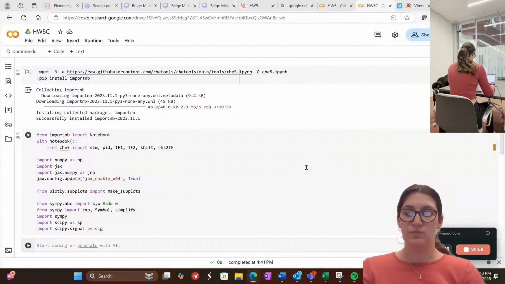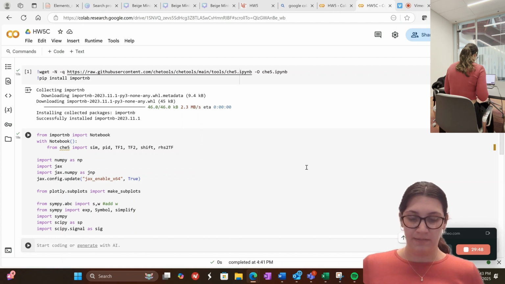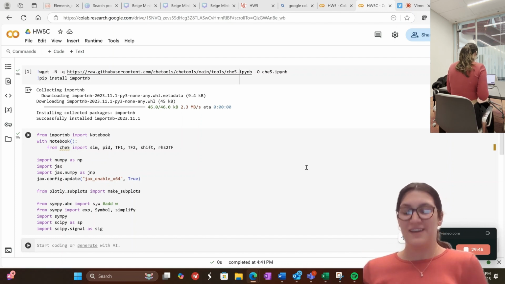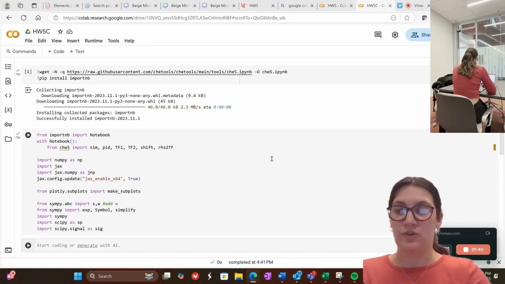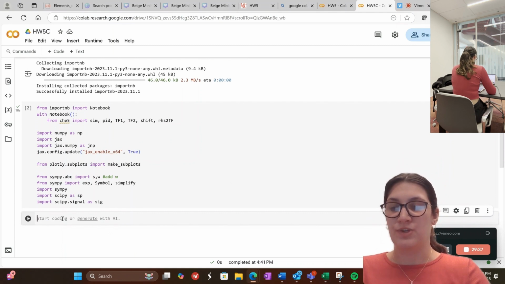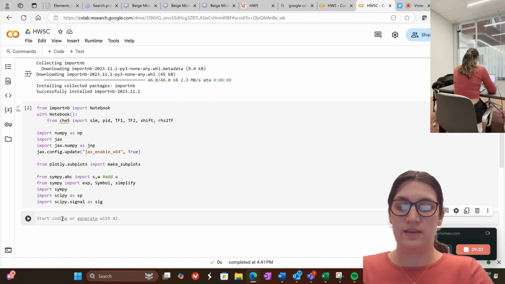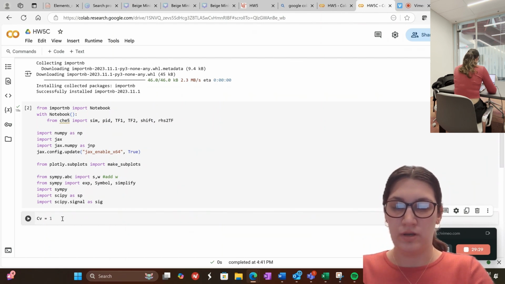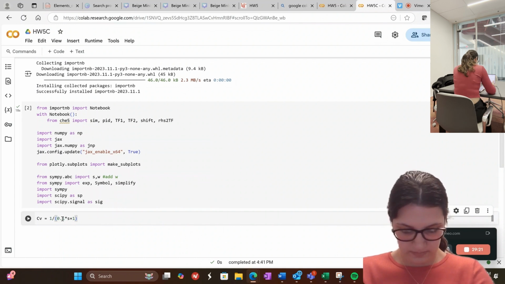Now we are ready to move on to the coding section of this question and determining the 30 degrees of phase margin stability. Here I just have this assignment pulled up, so I don't have to keep flipping back and forth on my tabs of what the functions look like. The first thing we want to do is define our inner loop. So we're going to say that GV is equal to 1 over 0.1 times S plus 1.